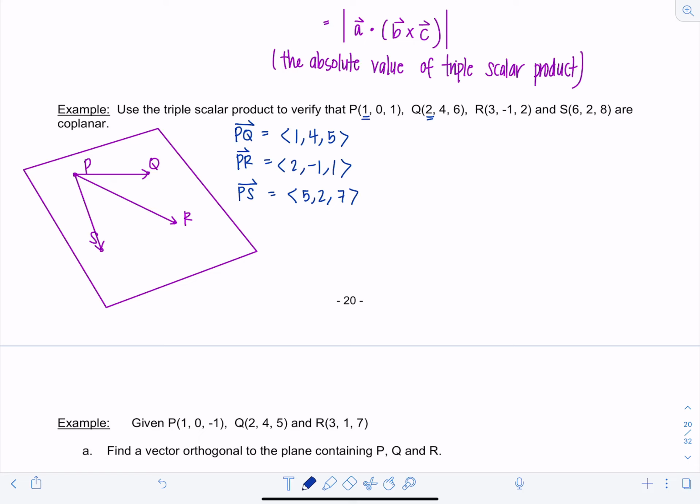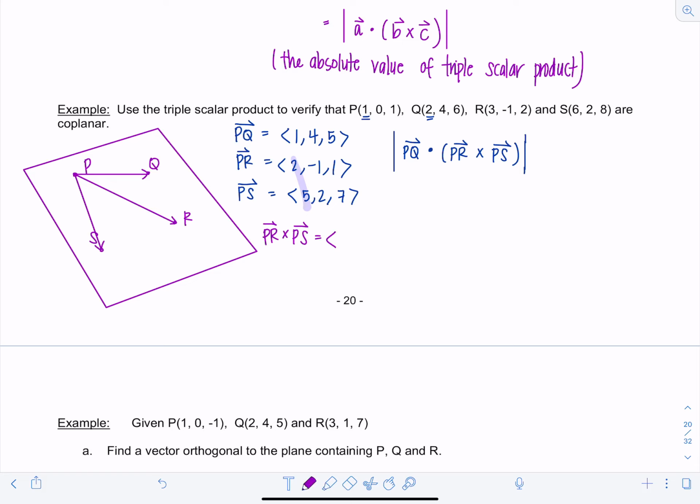All right, so we want to see what is the result from taking PQ dotted with PR crossed with PS. Okay, so let's see here. PR crossed with PS. Can you do it in your head? I mean, they're already stacked up above each other, right? So you just imagine that's gone.